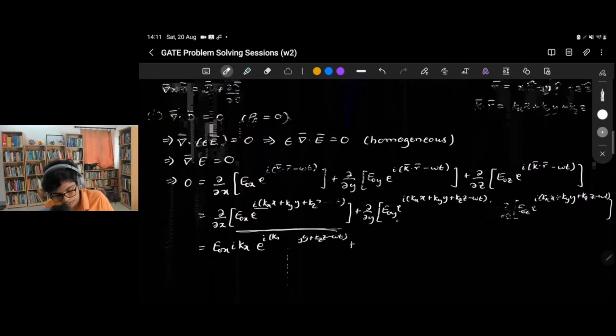Similarly, over here, what will come out is I times ky, and E naught y is a constant, and similarly for the last term.